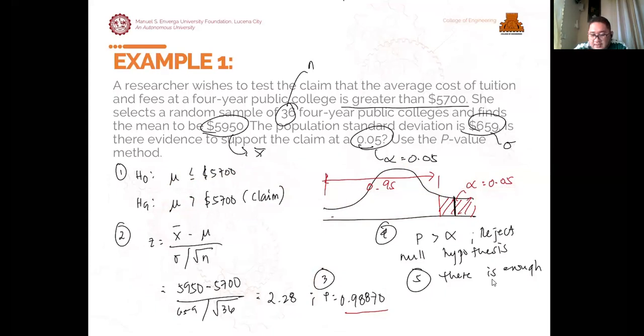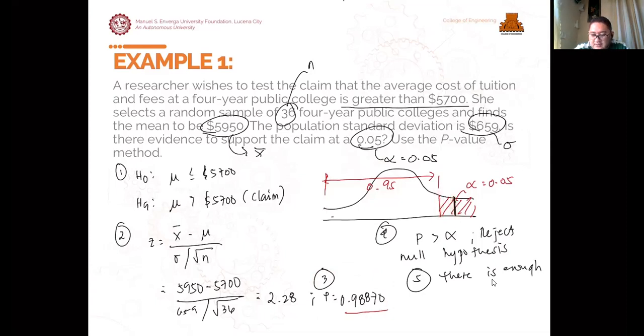Okay? Then si 0.05 is equivalent sa 0.95, no? Na area. Again, yung walang shaded portion is do not reject and yung shaded portion is reject. Okay, yung nakuha natin yung value ni z na 2.28 is 0.988. So si 0.988 is somewhere dito kasi 0.95 to. So ibig sabihin 0.98870 to.